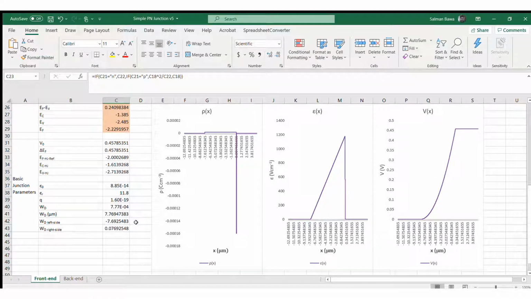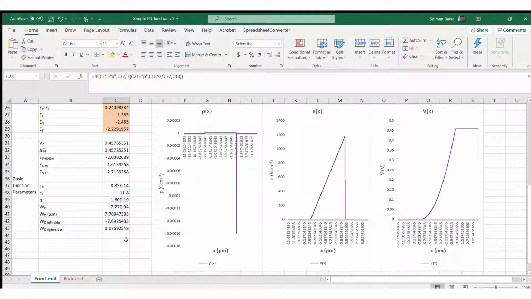Now, one of the things that we should caution is that given that our increments of the x-axis are in 0.01, if the width of the depletion region becomes less than 0.01, then we would miss points for the calculations of charge density on the left side or the right side, depending on which side is less than 0.01 micron, given the doping concentration that the user might put.